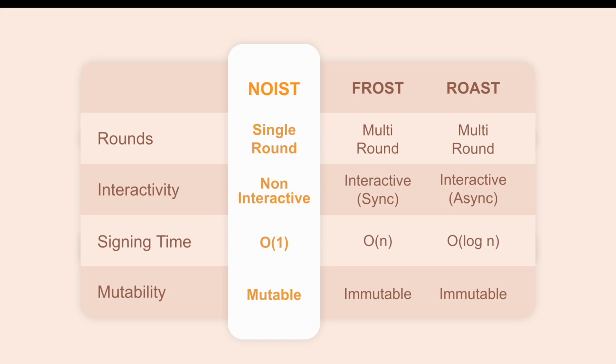Versus NOIST, because it's guaranteed to produce a signature in a single round, you can opt into interactivity if you want, because that way you get a signature in constant time, which is great.